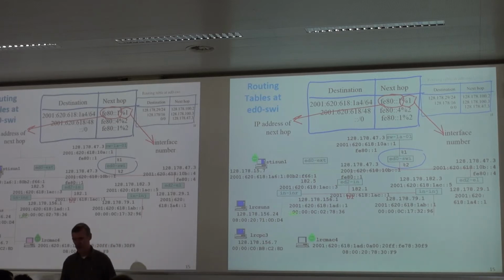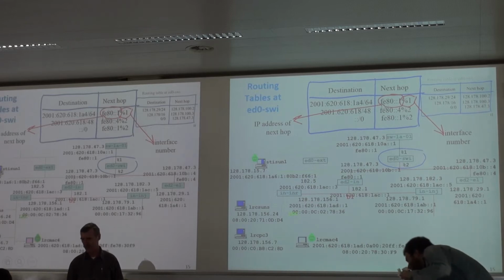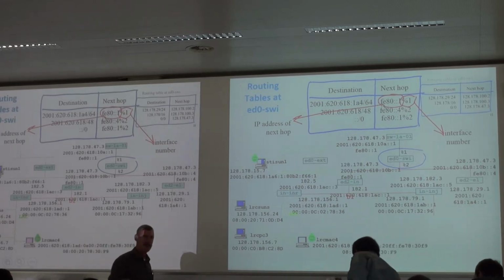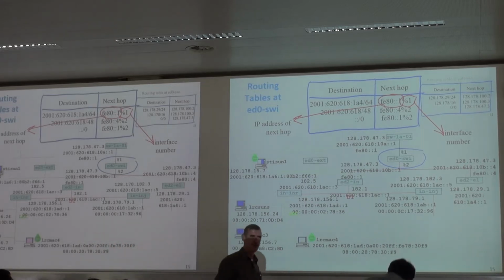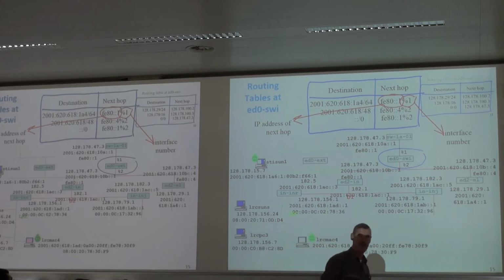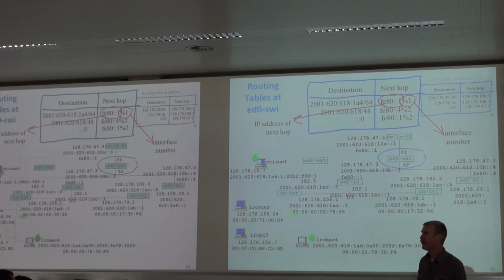The routing table looks a bit different. The principles are the same, but the main difference is that in IPv6 we use link local addresses more frequently than in IPv4. The link local addresses are things like the red circled address.